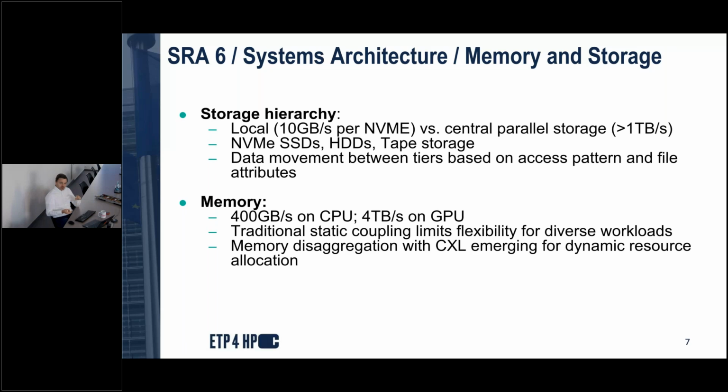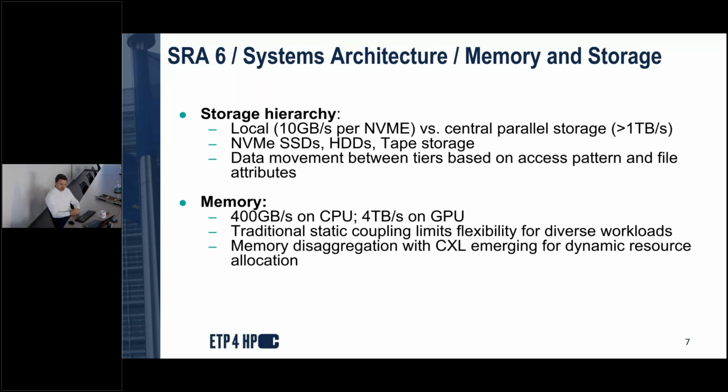And if weeks or months later some researchers need to access that data, they can get it from the tape storage. So it's very cost effective, but can also still reach those terabytes per second of bandwidth. And the data movement between those tiers typically is based on access patterns and file attributes.